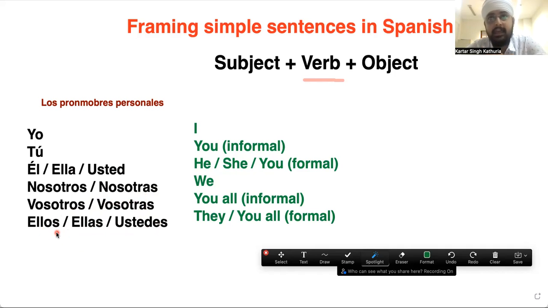If they are doing the action and we are talking about them, they. Ustedes means you all, formal. In Hindi language, we say tum log and aap log. But in English, these words don't exist. So let's understand the difference between nosotros and nosotras.